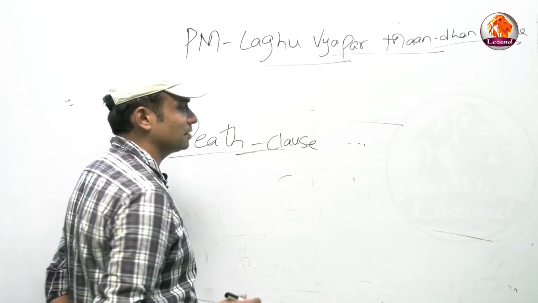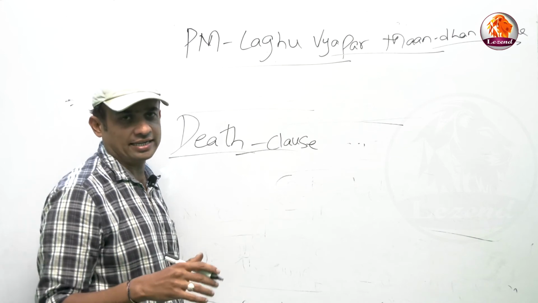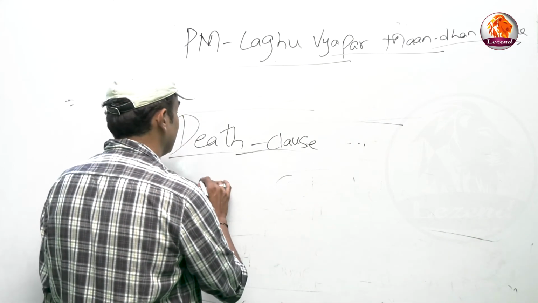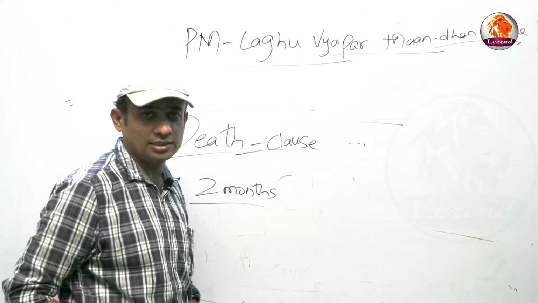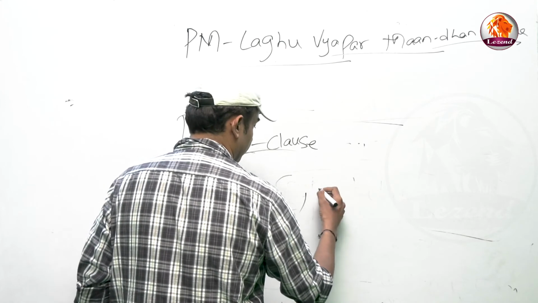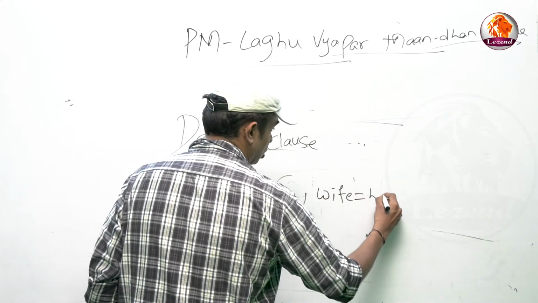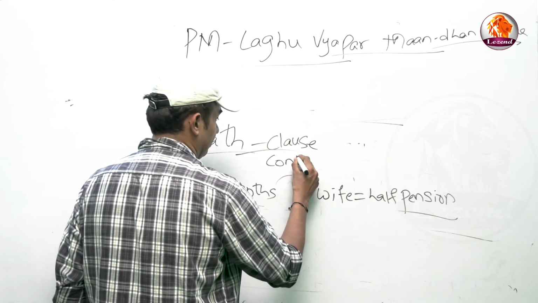If a person has paid the total contribution and has started taking a pension, let us imagine for 2 months, after attaining the age of 60, and then he dies, his spouse, that means his wife, will get half pension, if he has contributed completely.